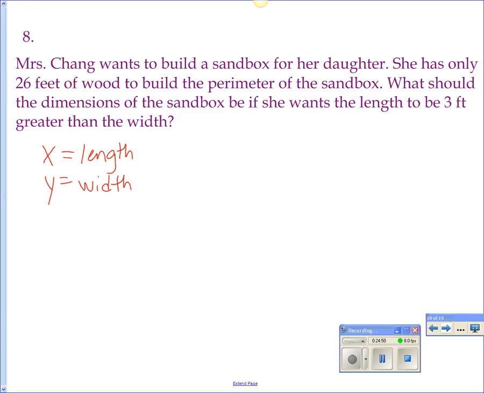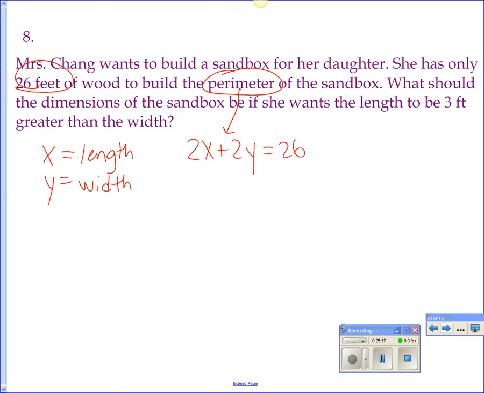Yep, she only has 26 feet for the what? For the perimeter. So 26 is going to have to go with the perimeter. Hallie, how do we write the perimeter expression? Good. So for perimeter, you're always putting that if it's a rectangle. 2x and 2y. Okay? All right.